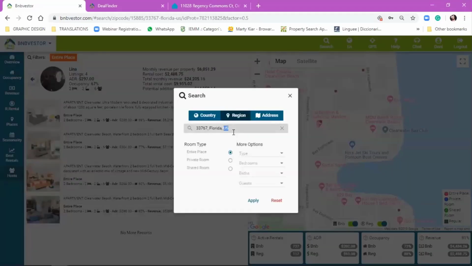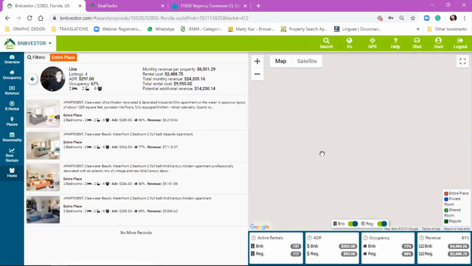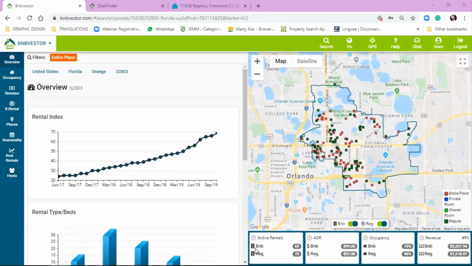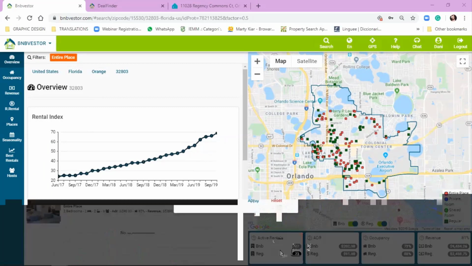I'm going to go ahead and click on this zip code. Let's go ahead and apply. Okay, over here in 32803 Orange County, we have 69 active B&B rentals, and we have 73 active regular rentals.